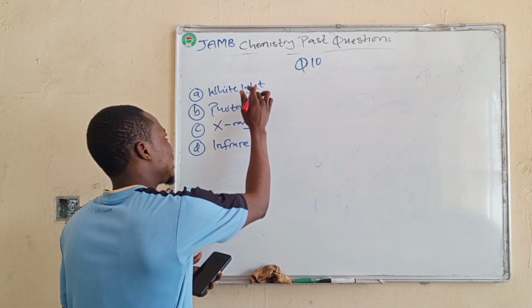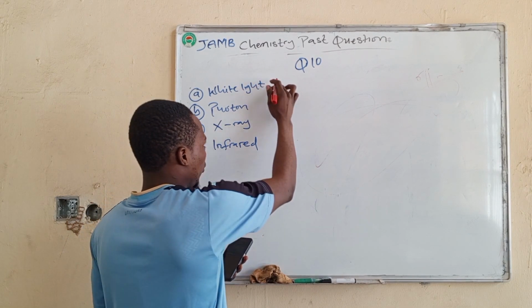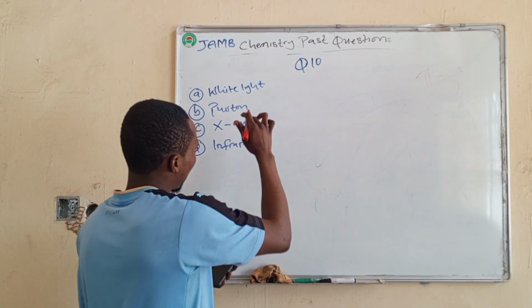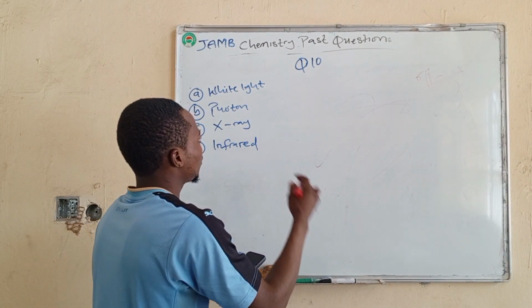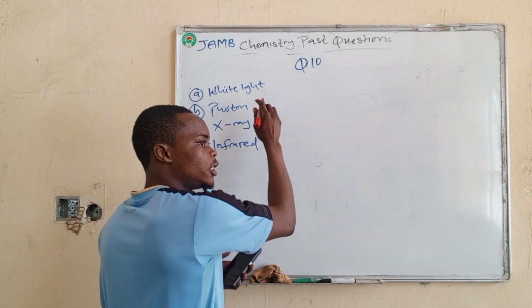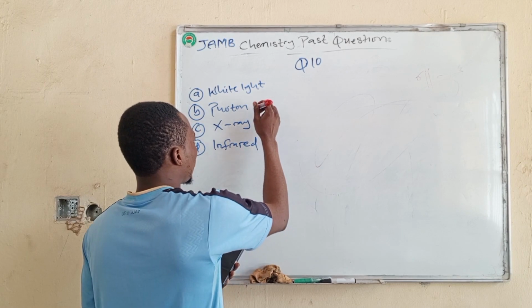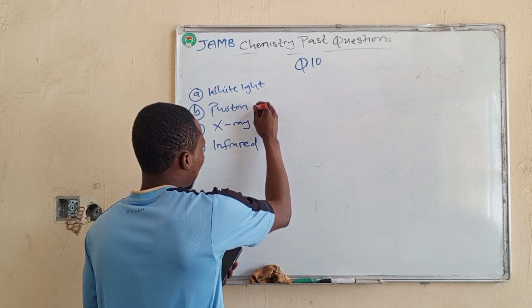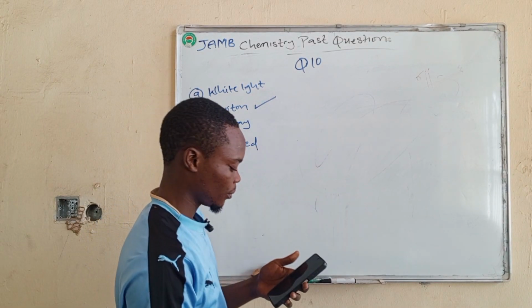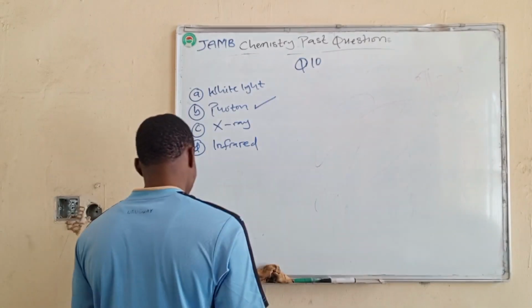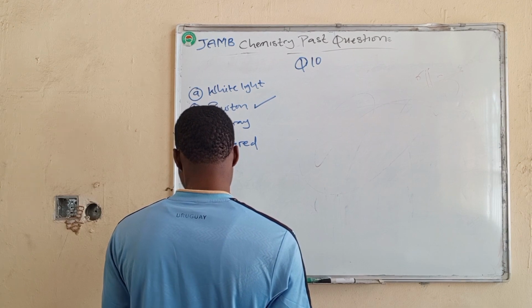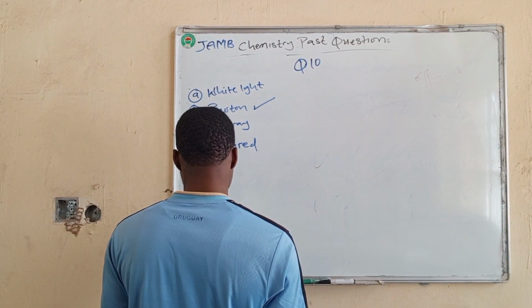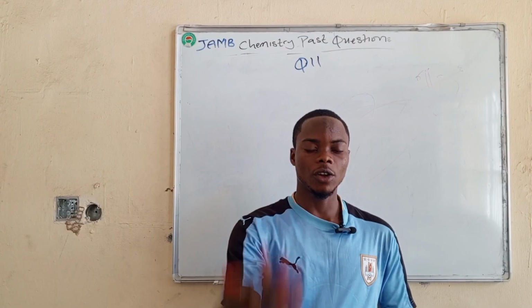White light is an electromagnetic wave, so it is not the answer. X-ray is not the answer. Infrared is not the answer. So photon is the odd one here, meaning it's not an electromagnetic wave. The answer is photon. Because a photon is a unit of energy that carries light and has zero mass, and is not an electromagnetic wave. Question number 11.